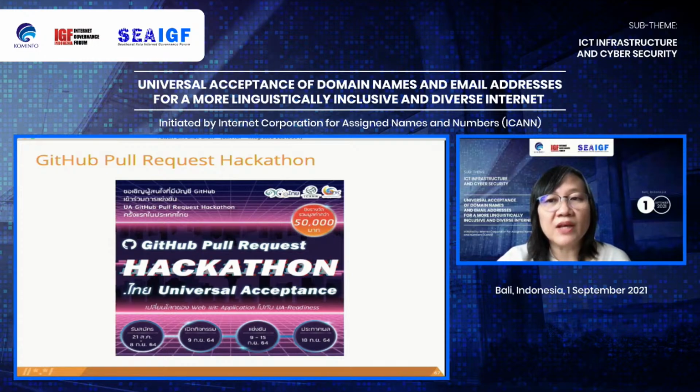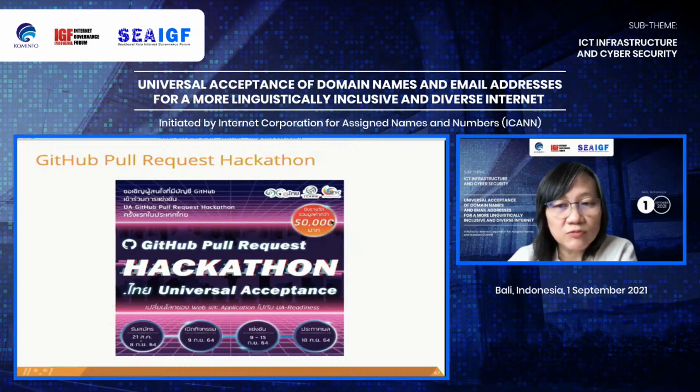In summary, communication to all stakeholders, especially with the developer communities and government agencies, to expand IDN, EAI and UA awareness are the key activities that will move things forward for us. So I think that's all of my part. Thank you.